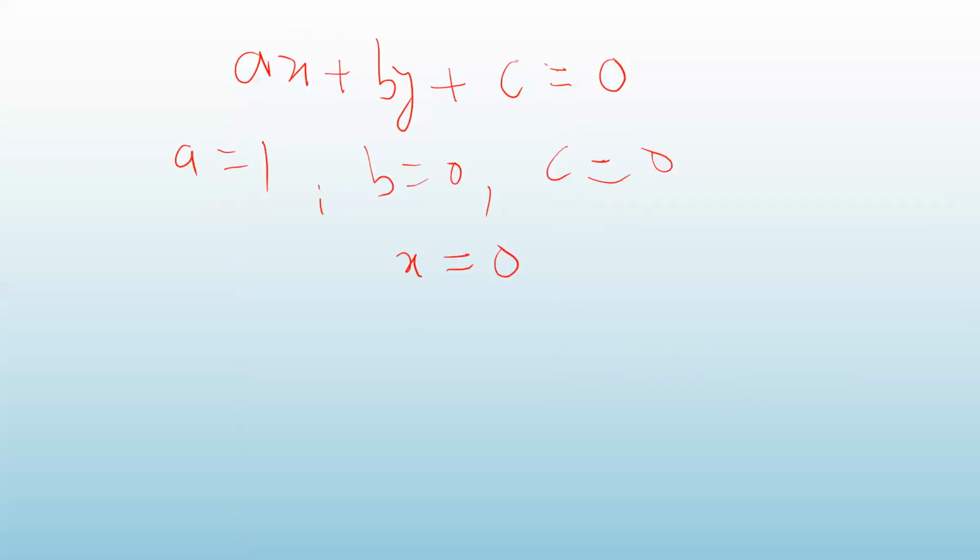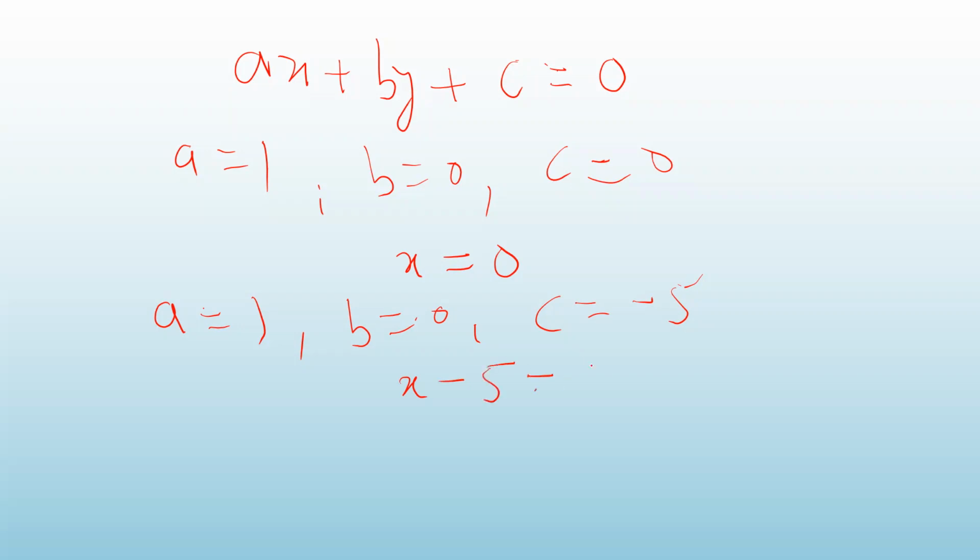Let me take one more example. If I take a equal to 1, b equal to 0 and c equal to -5, what will I get? Put a equal to 1 here, so 1 into x, that is x. B equal to 0, so 0 into y, that is 0. And c equal to -5.